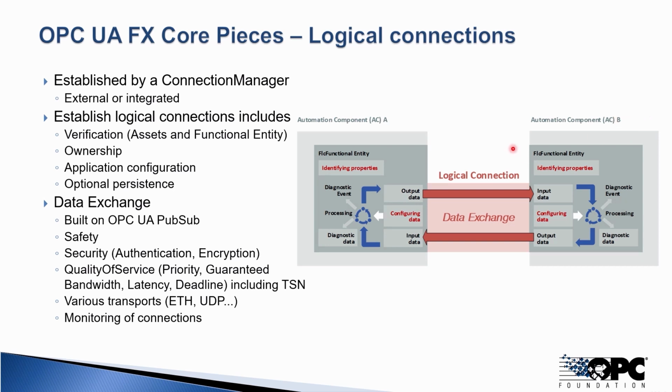So somebody out here, which could be an external station or could be integrated in one of the automation components, is establishing that data exchange. Establishing a logical connection includes the verification of each of the connection endpoints. Are the assets the expected ones? Are the functional entities the expected ones I want to connect?